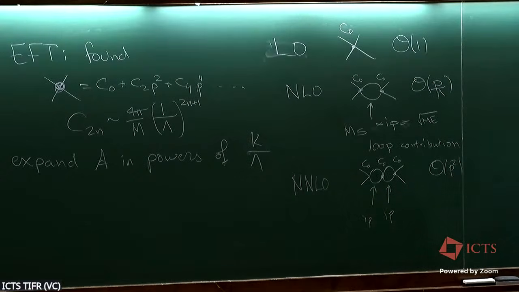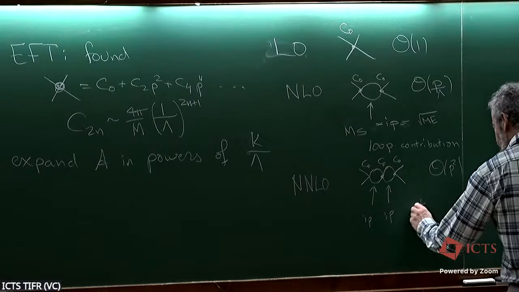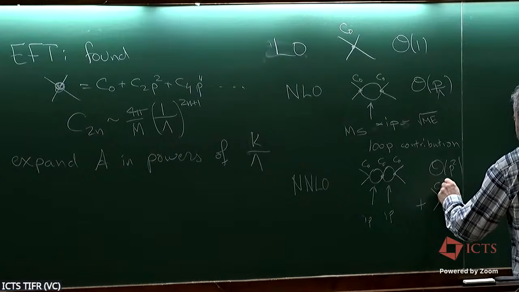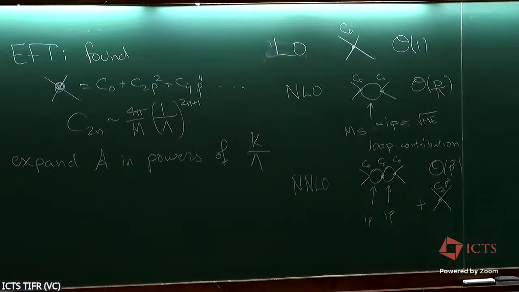But also at this order, we can now also include the vertex with the C2 P squared at the tree level. That's also order P squared. And so you see then that there's a progression of terms that you can include order by order, and you can feel confident that when you've stopped at some order, the next order that you've neglected is some higher order in P over lambda.